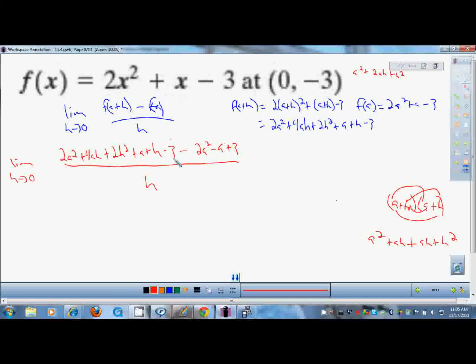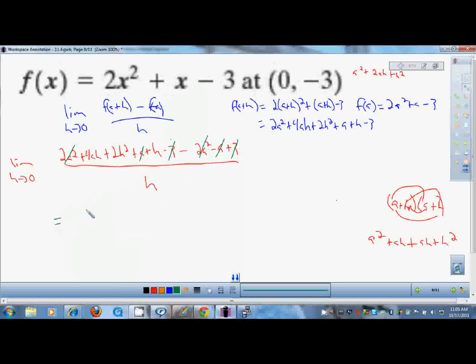Pretty much everything without an h should cancel in the top. Plus a, minus a, cancels. Minus 3, plus 3, cancels. 2a squared minus 2a squared cancels. That should always happen if you did it correctly.